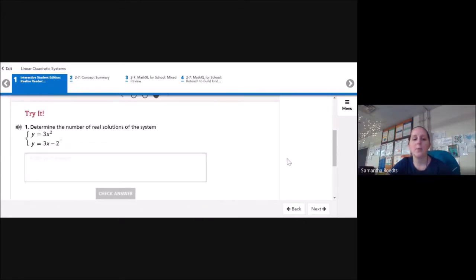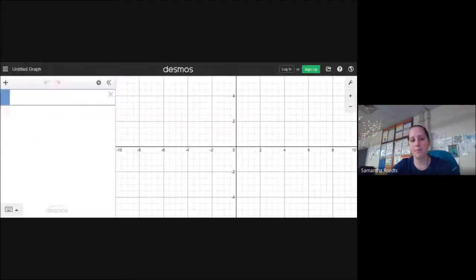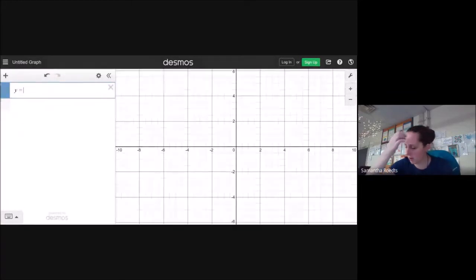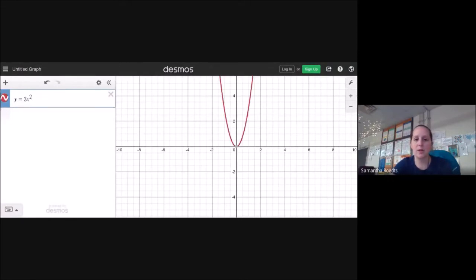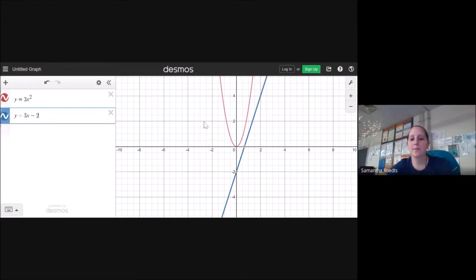All right, so I'm going to determine the number of real solutions of the system y equals 3x squared and y equals 3x minus 2. Let me pull up Desmos real fast. Okay. So I have y equals 3x squared and y equals 3x minus 2.